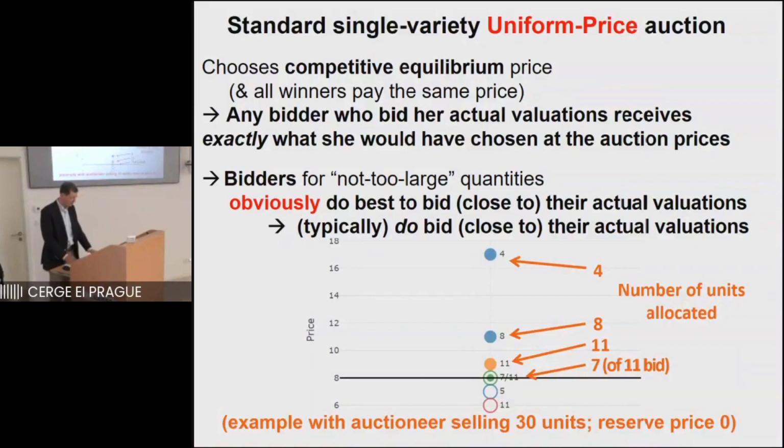And so therefore, they typically will bid honestly, basically just express their true preferences, state their true values. Any potential gain they could make is small. They will see it as risky because they will run the risk of not winning at all when they could have won, and they will therefore tell the truth.